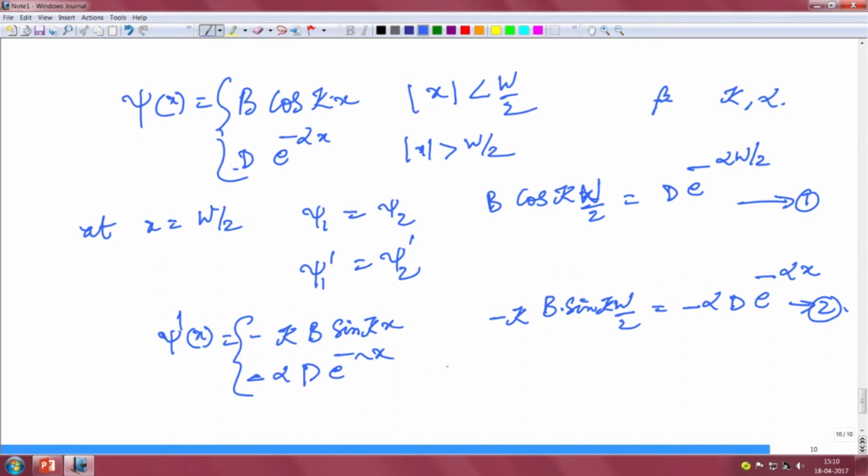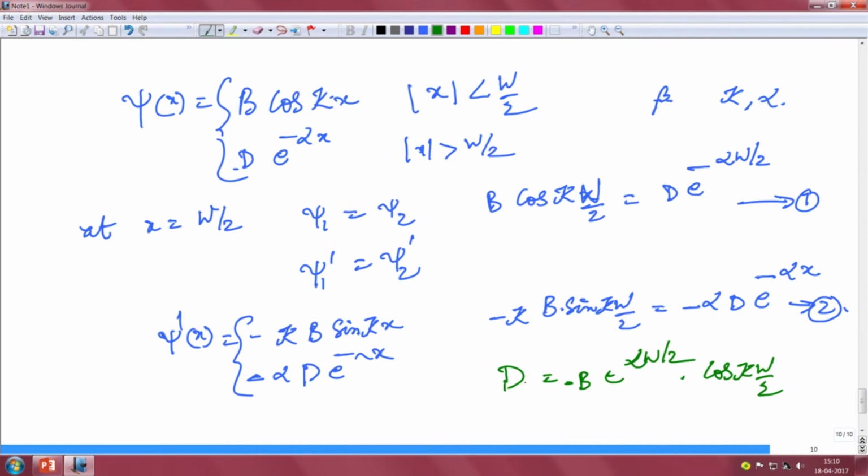So, from the first equation I can find out one constant d to be equal to e power alpha into w by 2 into b cos kappa into w by 2. We can use up the first equation to eliminate one arbitrary constant d.